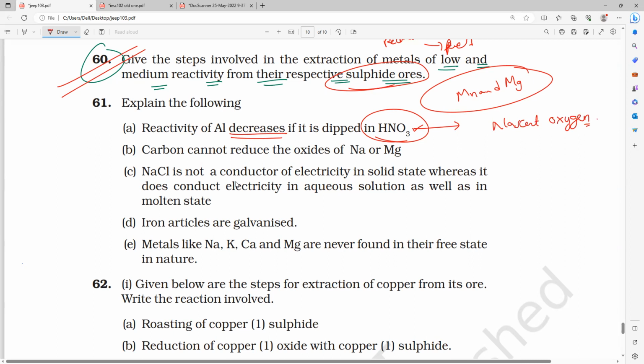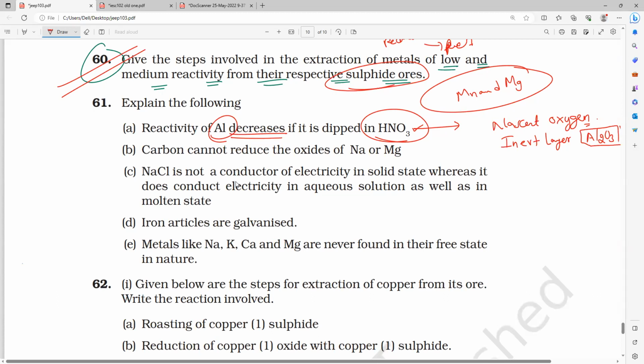Nascent oxygen. And aluminium combines with that nascent oxygen and forms an inert layer. Can you tell me what the inert layer is, everybody? In nascent oxygen, aluminum will react. What inert layer will form? Corrosion resistant aluminum oxide. So please write it.